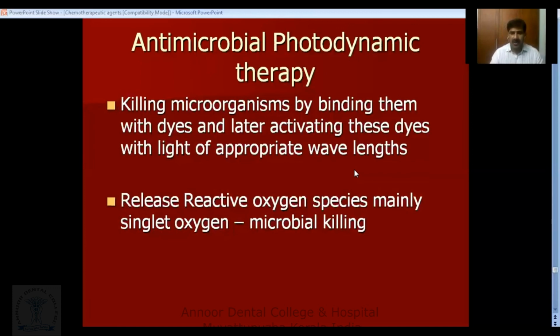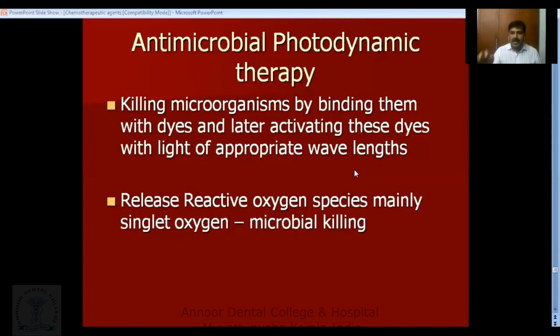You have different types of dyes, and different types of dyes have different wavelengths by which they can get activated. So you activate these dyes by means of the particular light, and when it is activated, there is release of reactive oxygen species, mainly singlet oxygen, and this singlet oxygen will act on that bacterial cell and it will kill the cell. So that is the basic idea of antimicrobial photodynamic therapy.